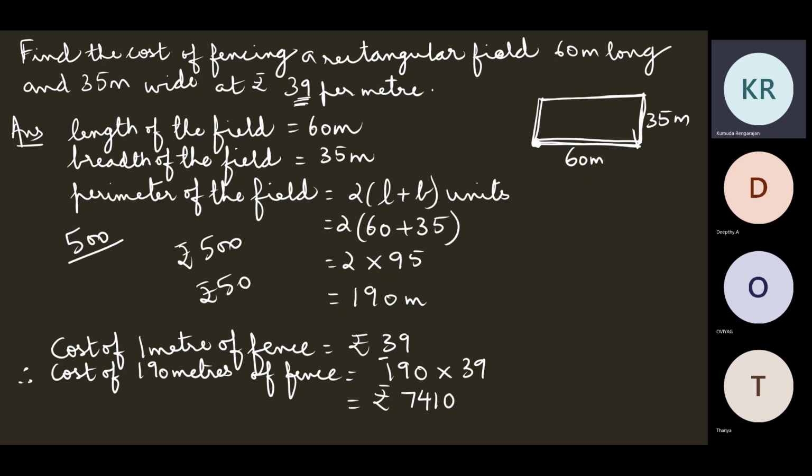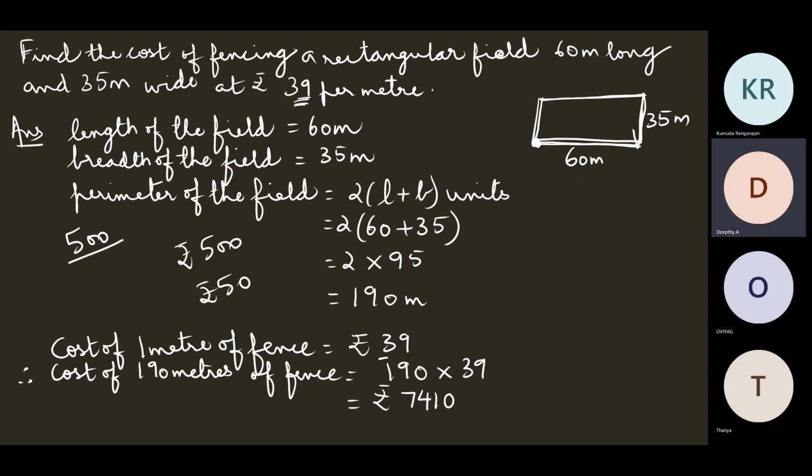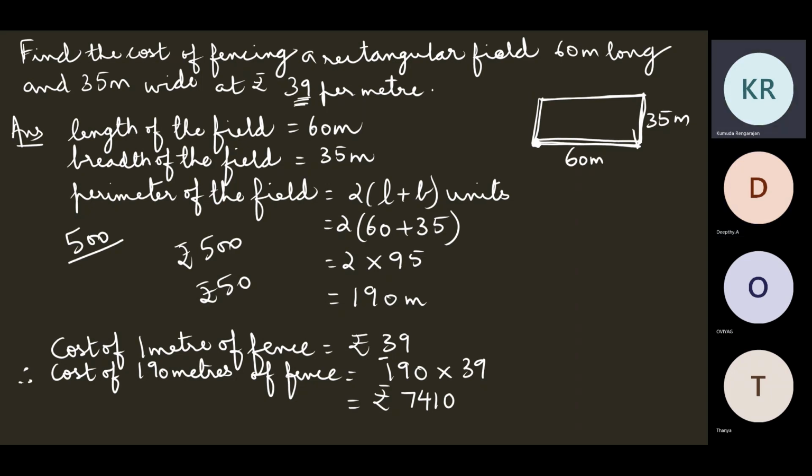How many kilograms have you purchased? 10, ma'am. 10 kilograms. Okay, because 1 kilogram costs 50 rupees. So then how much can you buy? If you have spent 500 rupees, that means you have bought 500 by 50, 10 kilograms of mangoes.